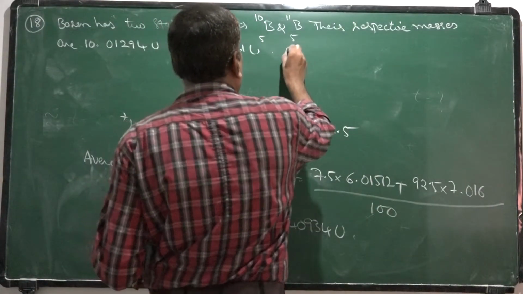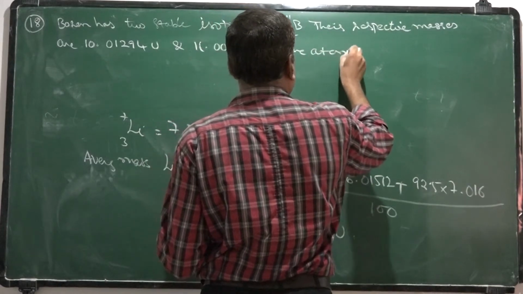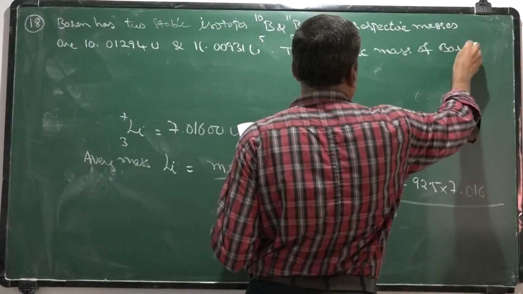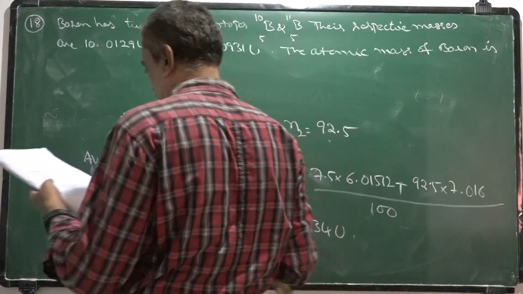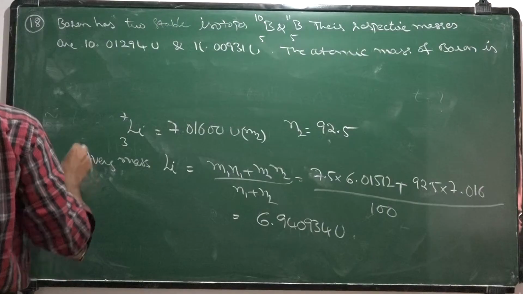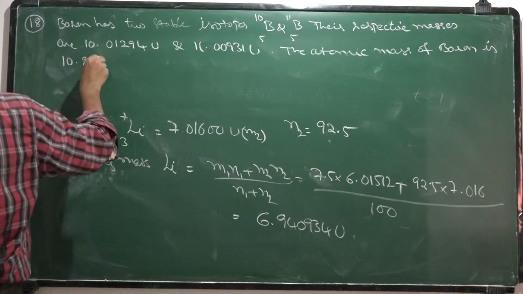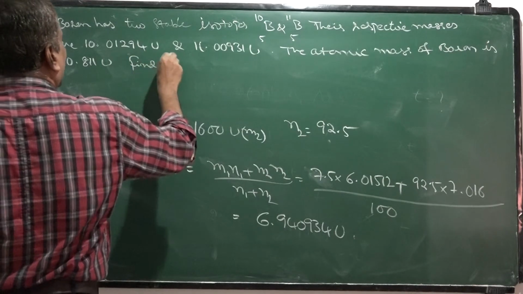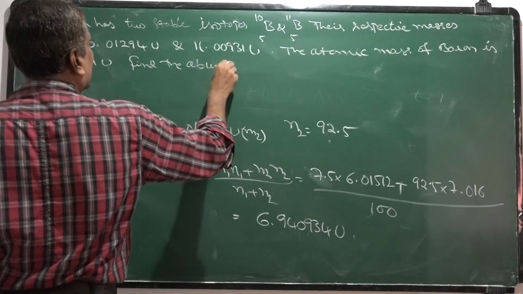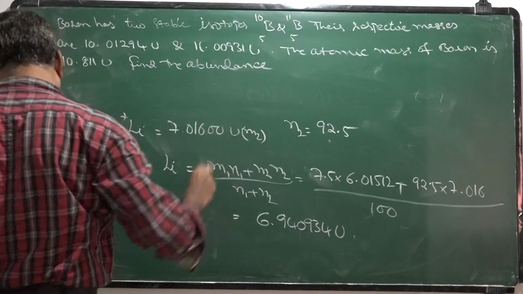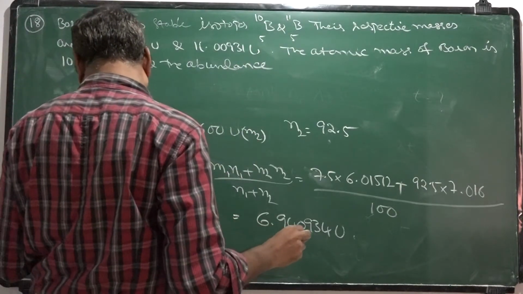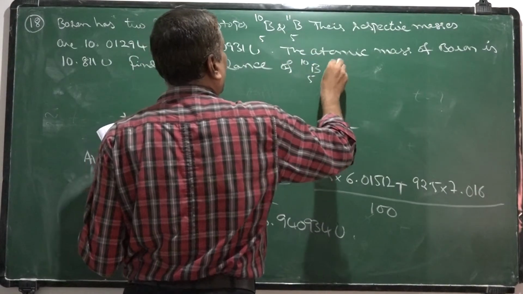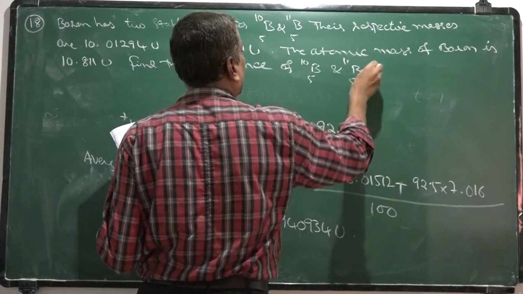The atomic mass of boron is 10.811 unit. Find the abundance of B-10 and B-11 isotopes.